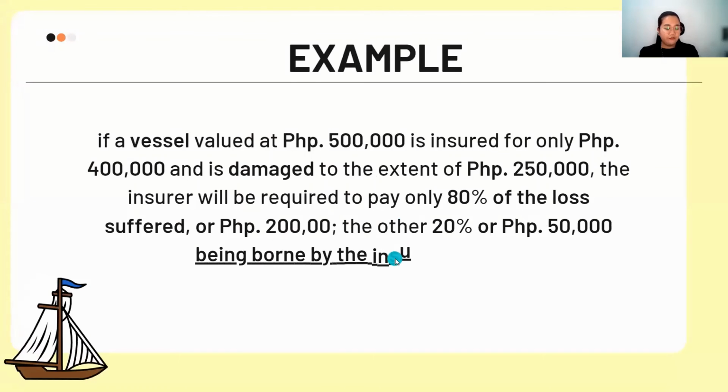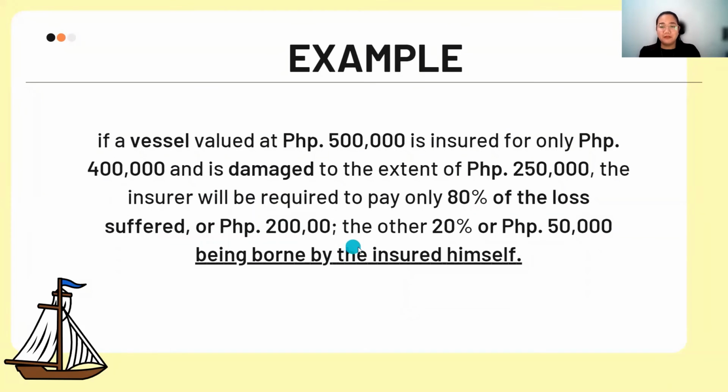So for example, if a vessel valued at 500,000 pesos is insured for only 400,000 pesos and is damaged to the extent of 250,000 pesos, the insurer will be required to pay 80% of the loss suffered, or 200,000 pesos.